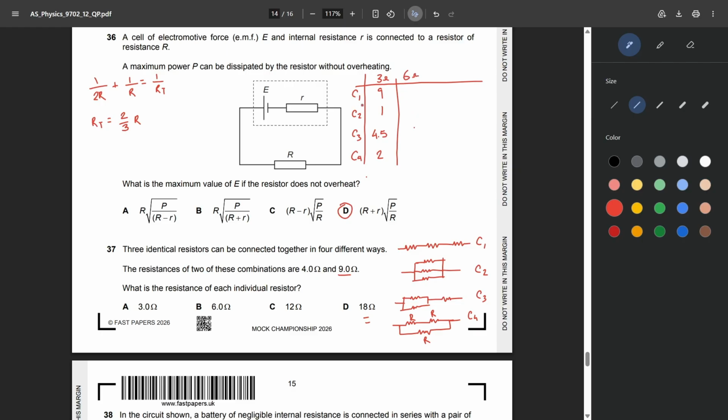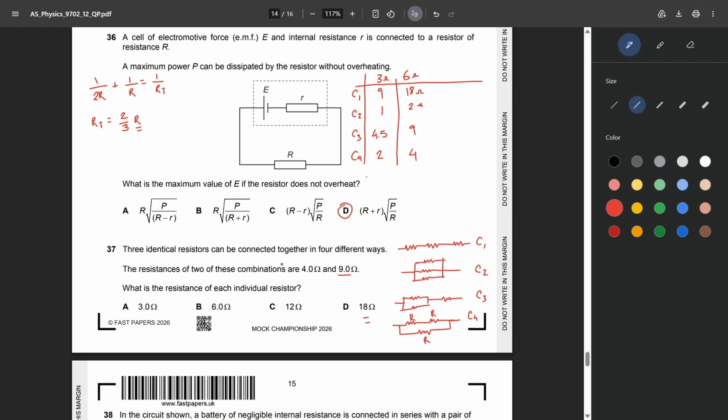For 6 ohm, the first combination gives us 6 times 3, 18. For the second combination, it gives us 6 divided by 3, which is 2. For the third combination, it's half of 6 plus 6, which is 3 plus 6, gives us 9. Now, if we plug in the value of 6 in the place of R, we get 2 by 3 into 6, which is 4.